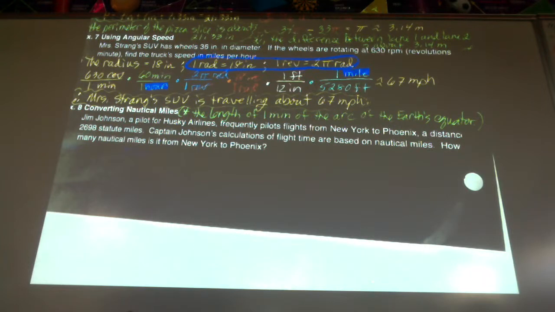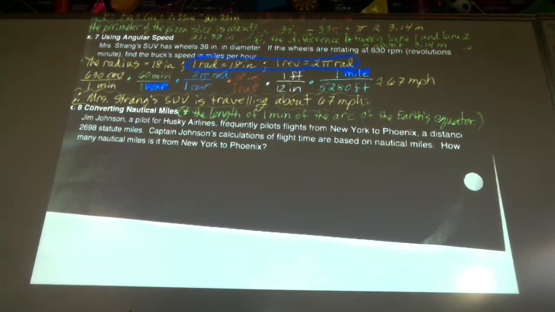So how many minutes are in 1 degree? Well, there are 60 minutes in 1 degree. So then one minute is equal to how much of a degree? 1/60th. That's all we're looking at. So a nautical mile is very tiny, isn't it? It's 1/60th of a degree of the arc of that great circle.